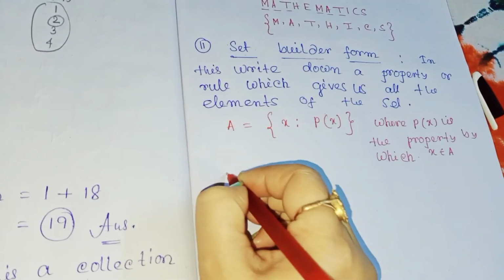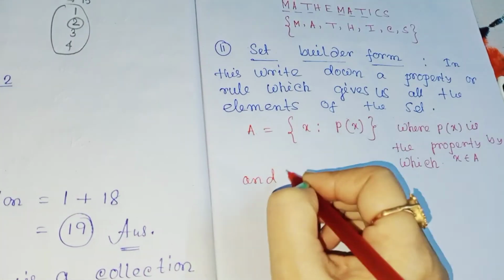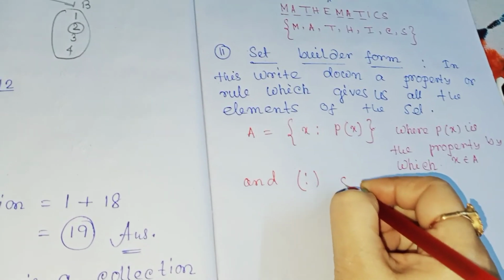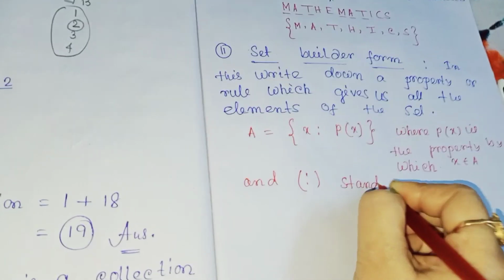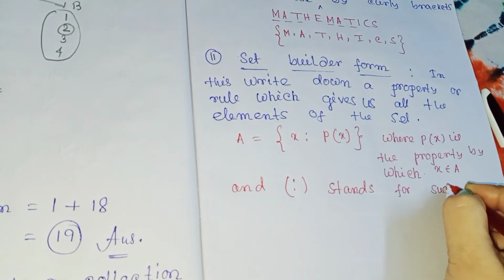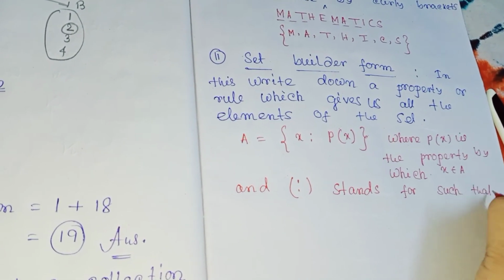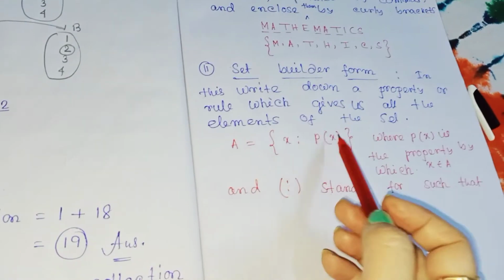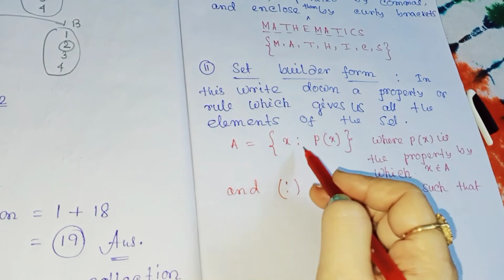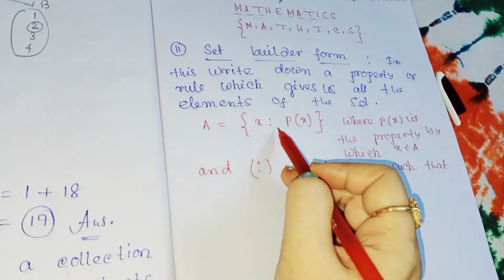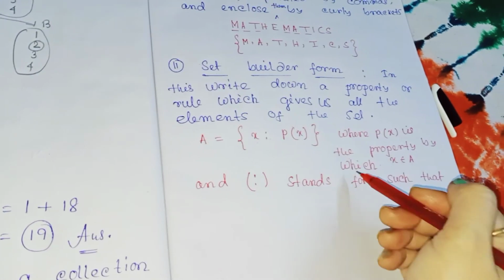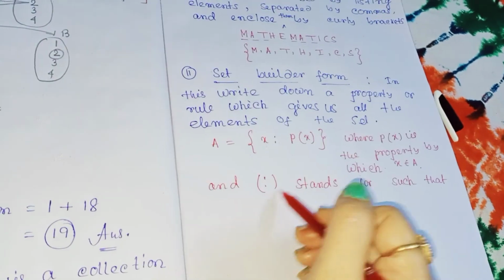And what is colon? The colon stands for 'such that'. So we define set builder form as A equals {x : P(x)}, where P(x) is the property by which x belongs to A and colon stands for such that.